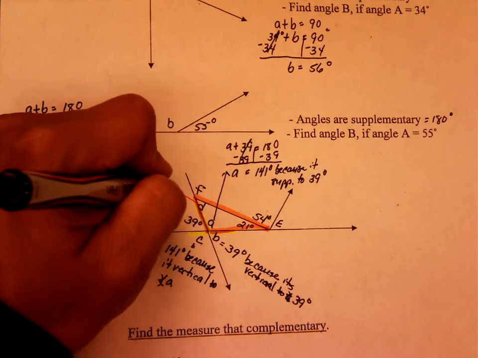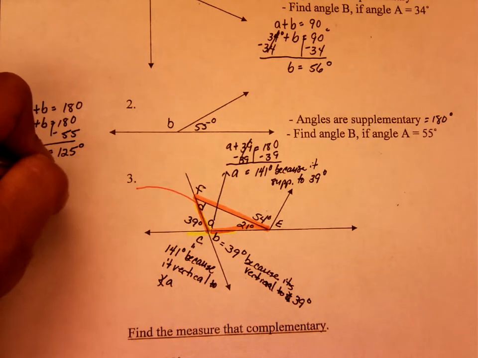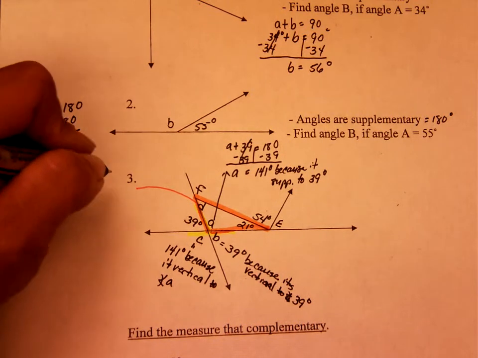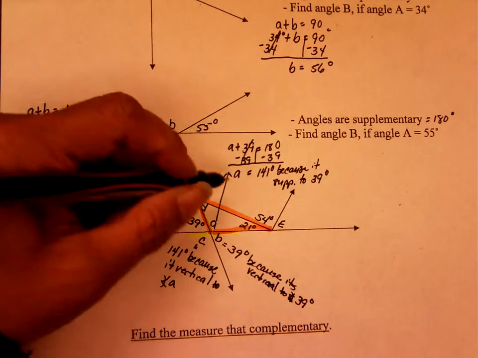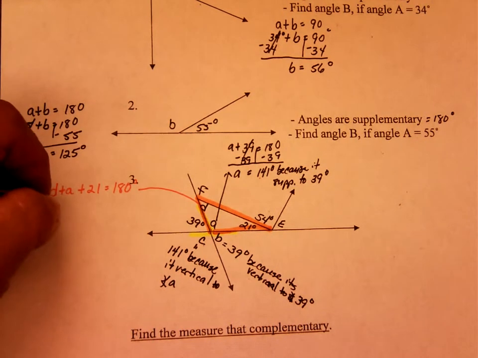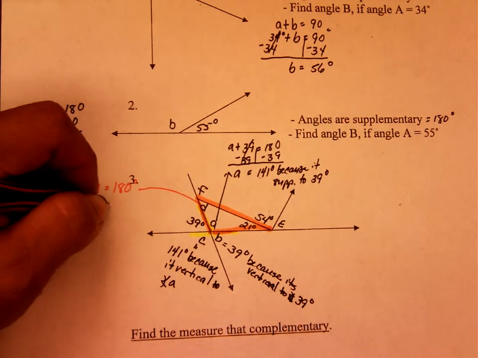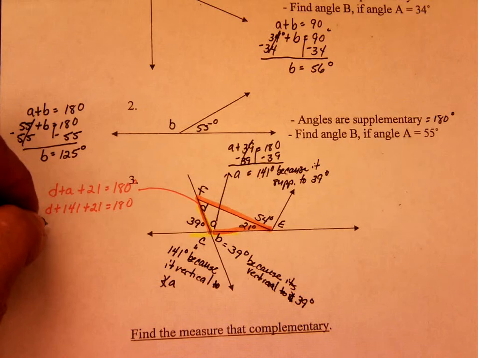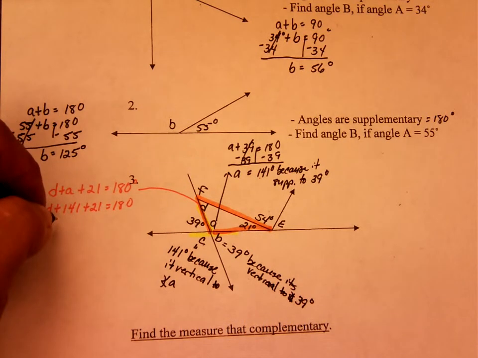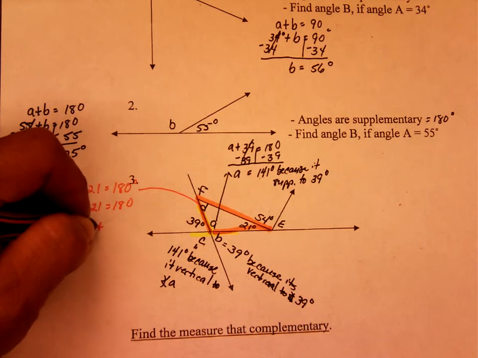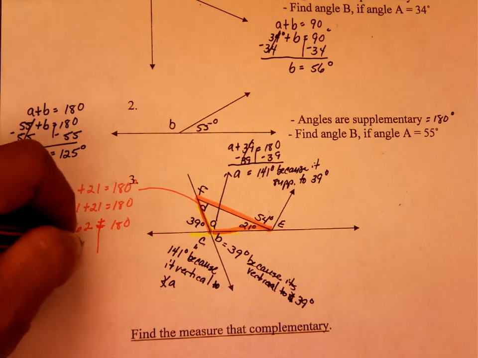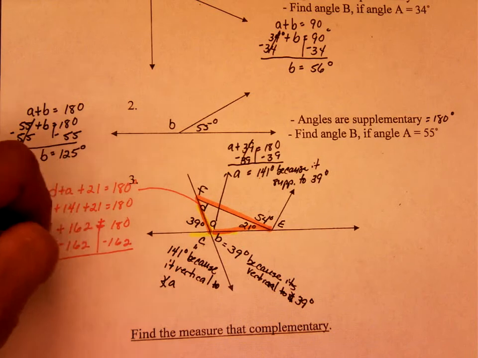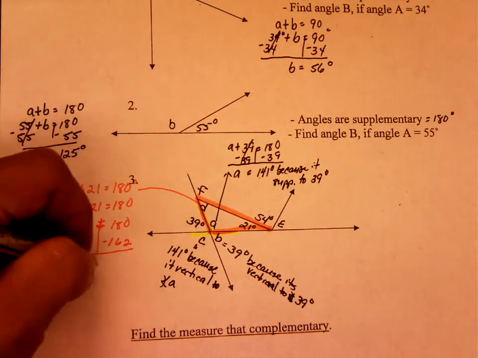So here, to find what D is, you say D plus A plus 21 is equal to 180 degrees. Well, we know what A is because we said A was equal to 141, so D plus 141 plus 21 is equal to 180. Add up 141 plus 21, and you get 162 is equal to 180. You're going to subtract 162 from both sides, and you get D is equal to 18 degrees.